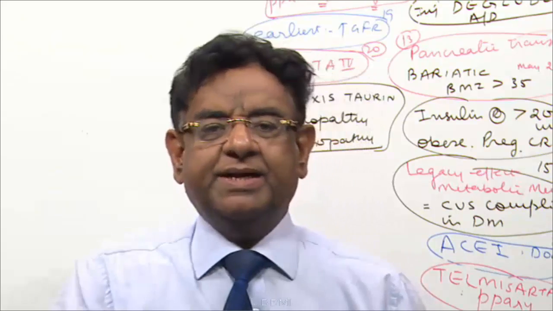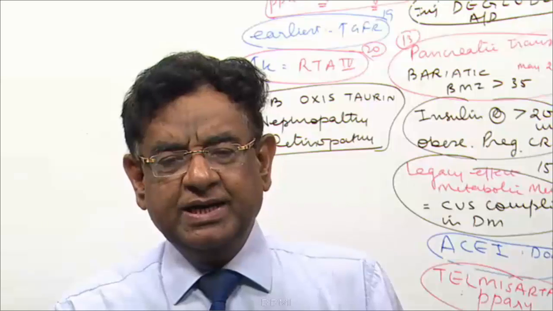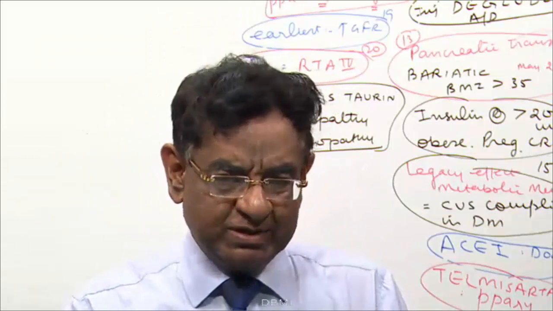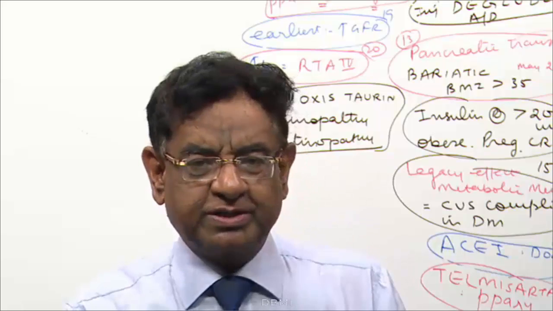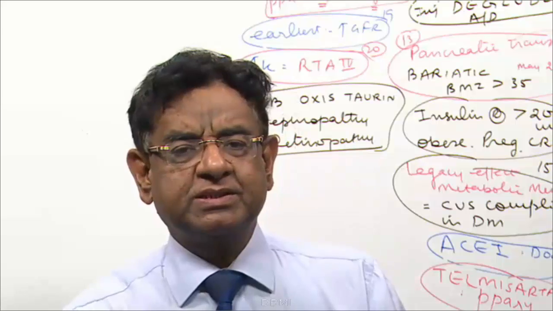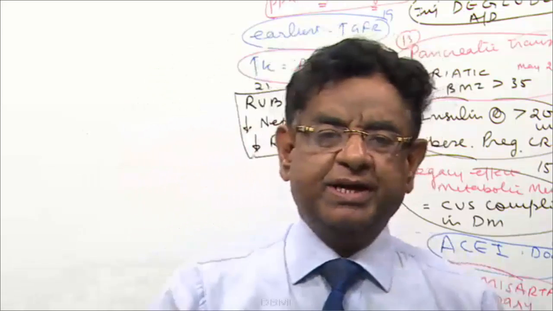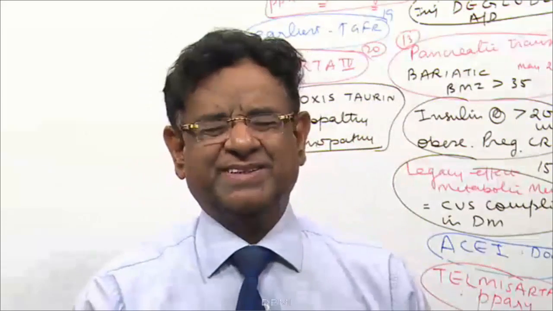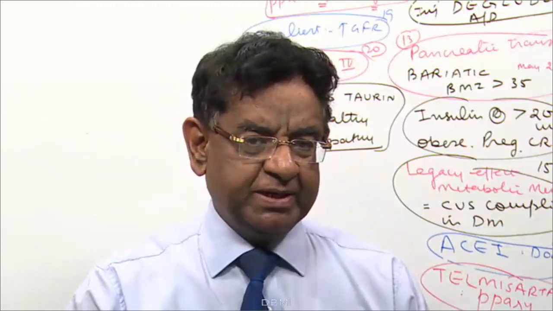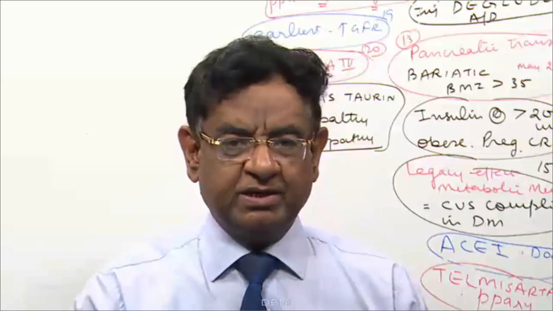Now, recently they have done a big trial in AIIMS. A huge trial was done. They used 2 drugs and they found wonderful results in preventing or treating diabetic retinopathy. These names are not given in the diabetic chapter of Harrison 18th edition also.